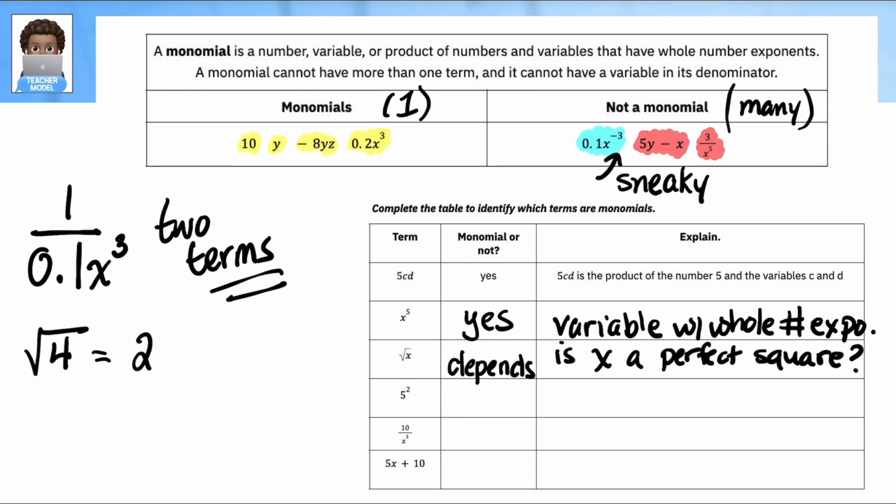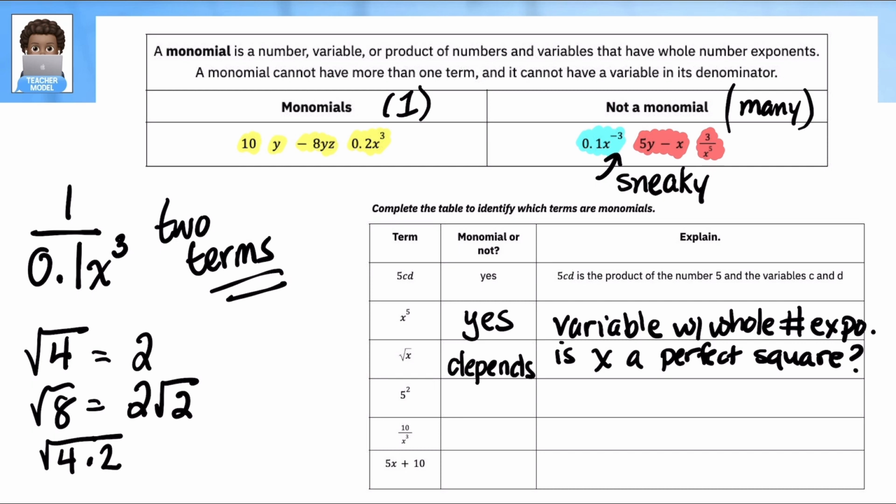But what if I had, trying to think for a minute, square root 8? Well, then no, because we know we can split this up, and it will simplify to 2 square root 2. And now I have two terms here, so that would not be a monomial.